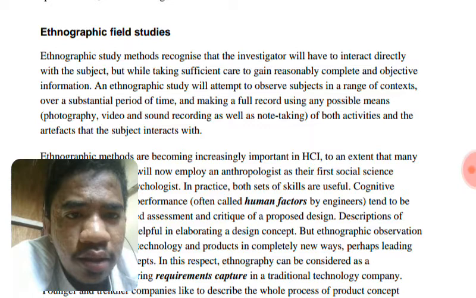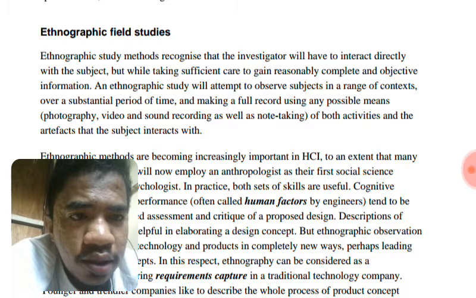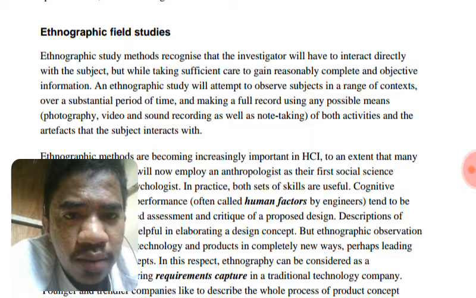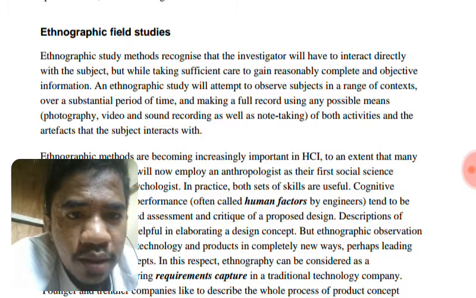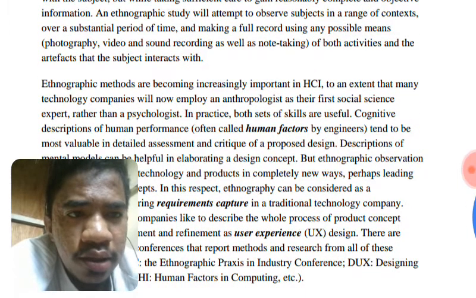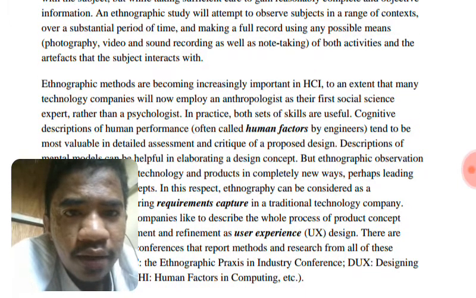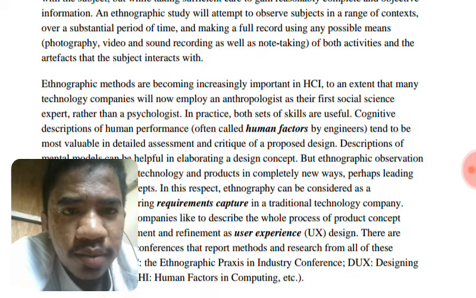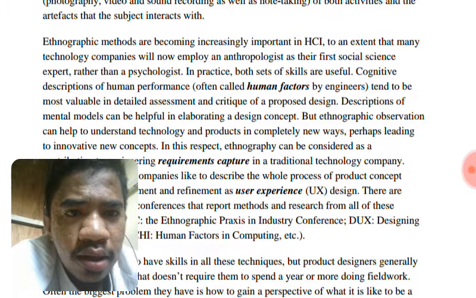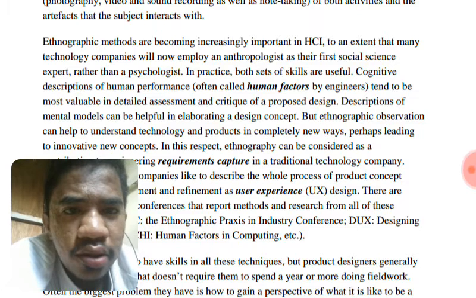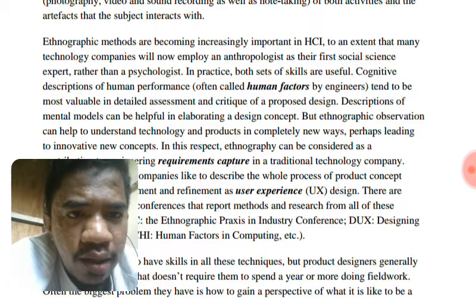An ethnographic study will attempt to observe subjects in a range of contexts over a substantial period of time, making a full record using any possible means: photography, video and sound recording, as well as note taking about activity and the artifacts that the subject interacts with. Ethnographic methods are becoming increasingly important in HCI, to the extent that many technology companies will employ an anthropologist as their first social science expert rather than a psychologist.